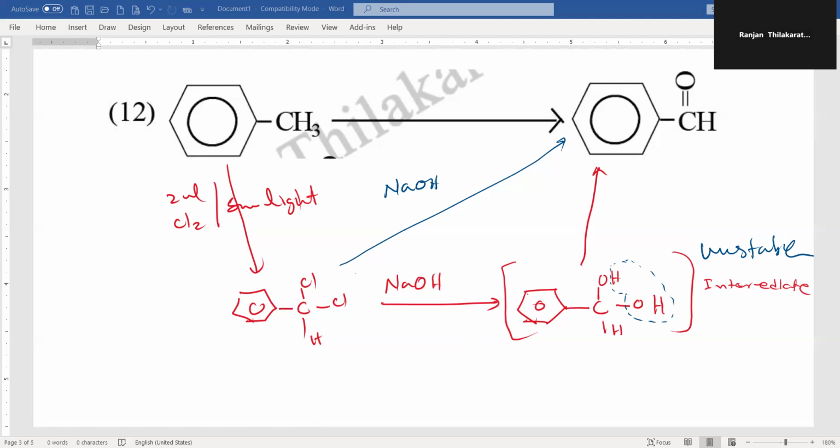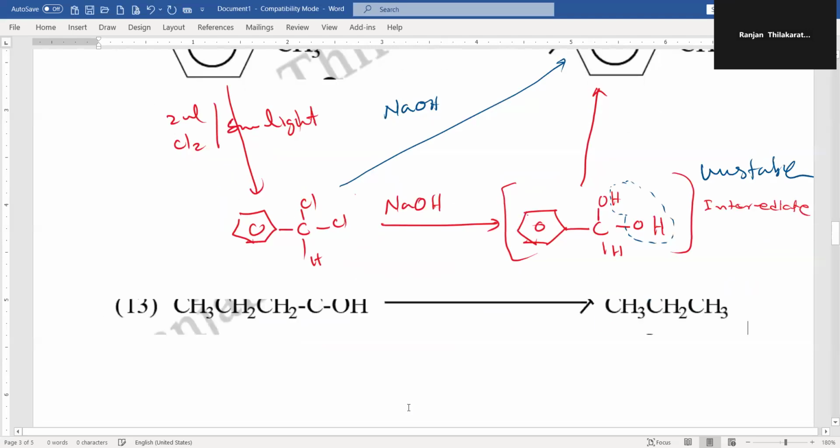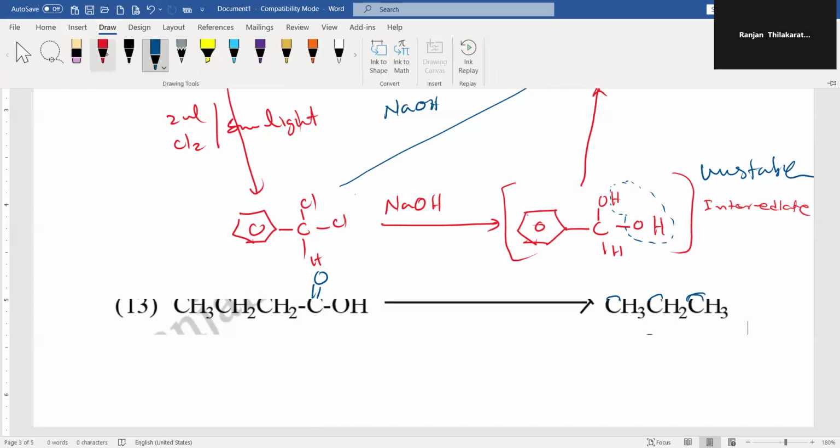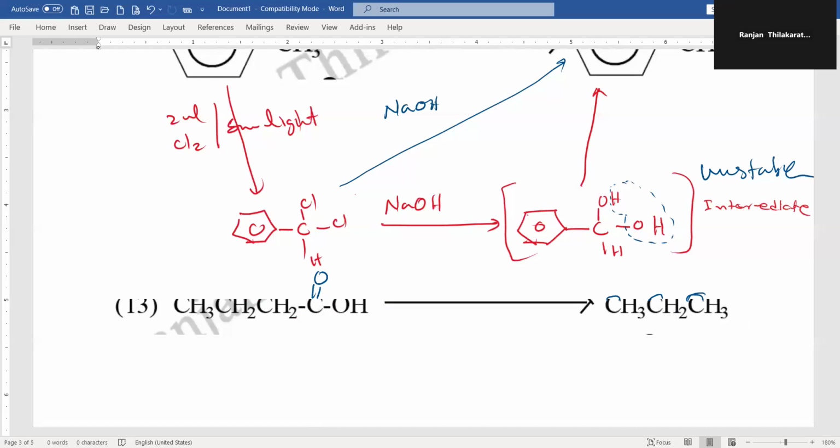Here we have oxygen and CH2, CH3 and CH3 like this. It is not in our syllabus, but anyhow, if you find it in some books or papers, then you can do it.